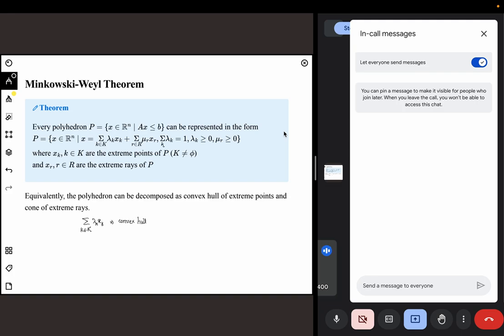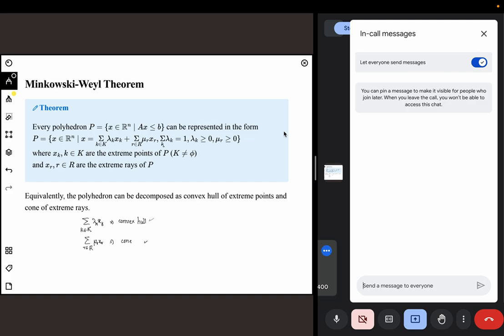And similarly, what is this second one? This is basically the cone. This is how we define the cone. A cone is basically a set of vectors such that if you scale the vectors, the resulting vectors will also belong to the same set. Those are what we call cones. So this is a convex hull and this is a cone.